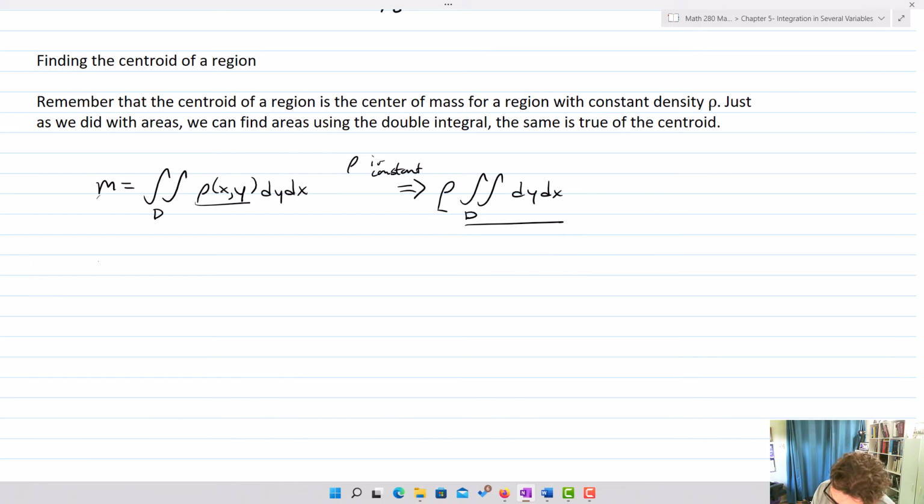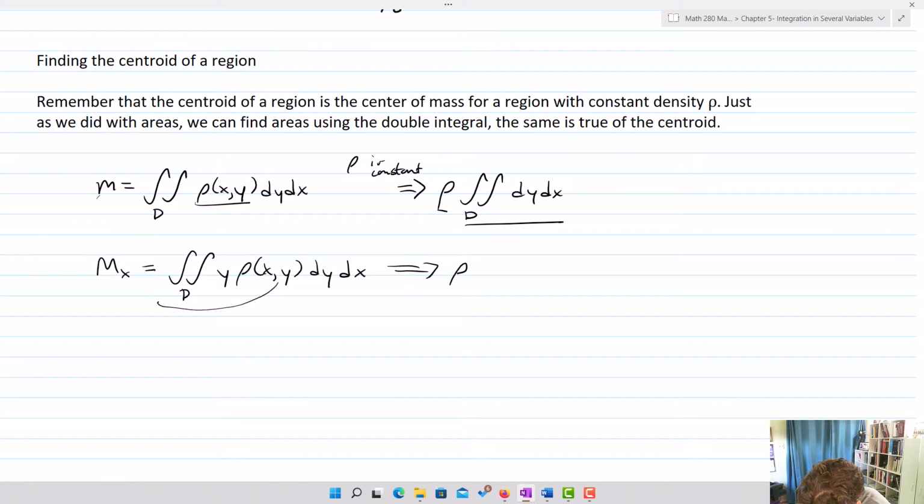Okay? Now the moments, we'll start out with M_x. Remember, that's going to be the double integral over D of y rho of xy dy dx. And if rho is constant, we can just pull it out, so we get rho times the double integral over D of y dy dx.